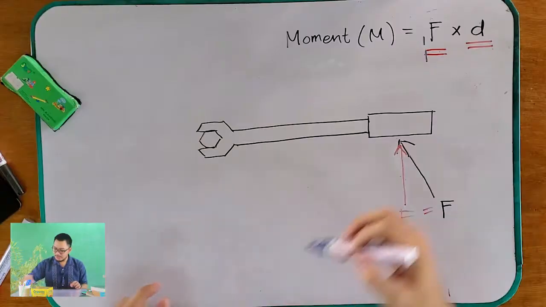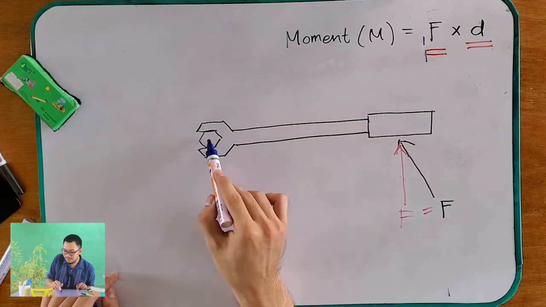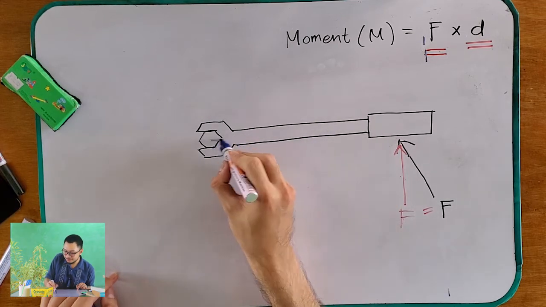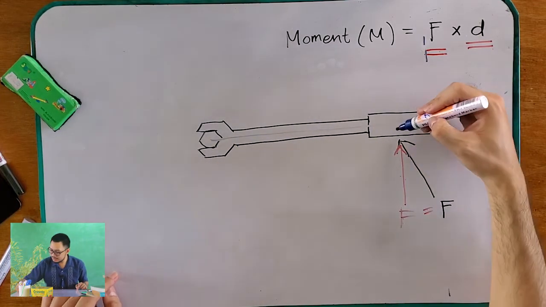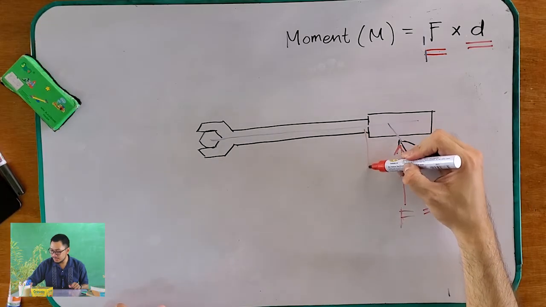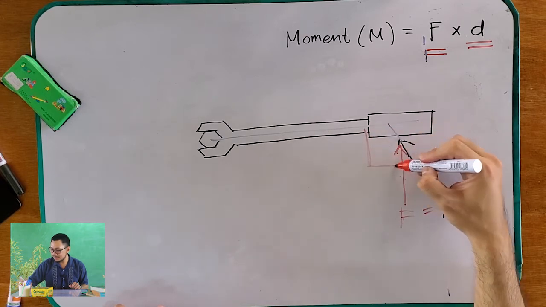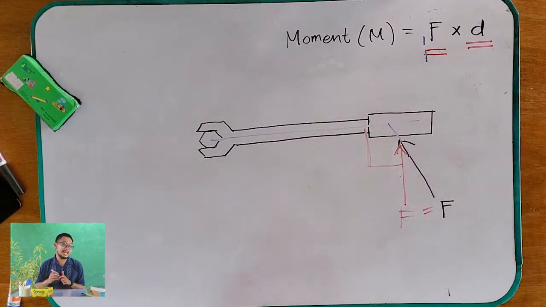Question. Is this perpendicular with this line? No, that's not perpendicular. But for this F, it is already a perpendicular distance. But your F that is inclined, that is not perpendicular.